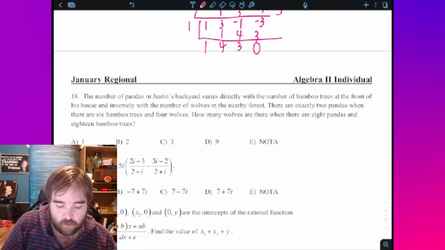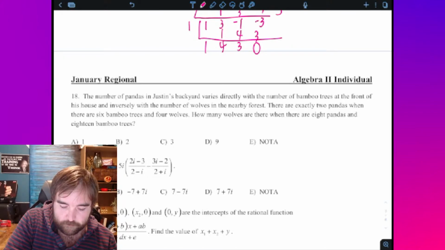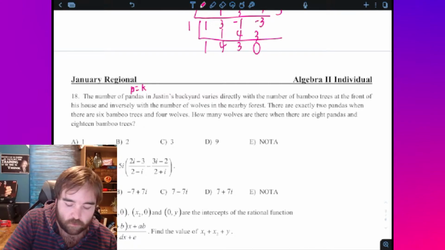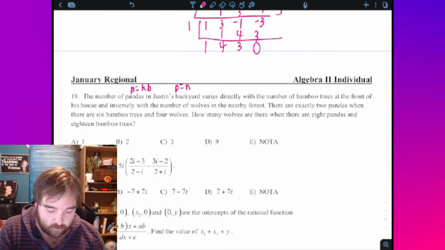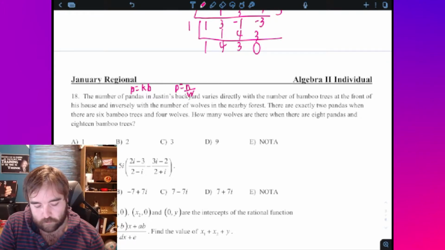that P equals K B, and P equals N, which is just another constant, divided by W. Yeah.